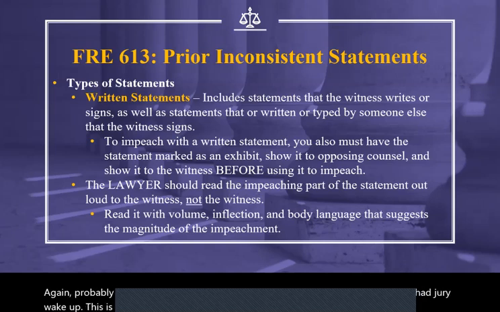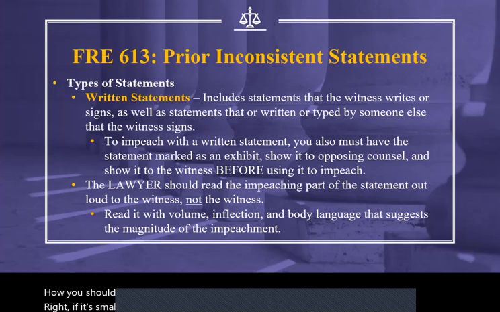So again, you should consider, one, whether impeachment is appropriate. It's not appropriate in every circumstance. And two, how you should portray that impeachment, right? If it's small, keep it small. If it's big, make it big.